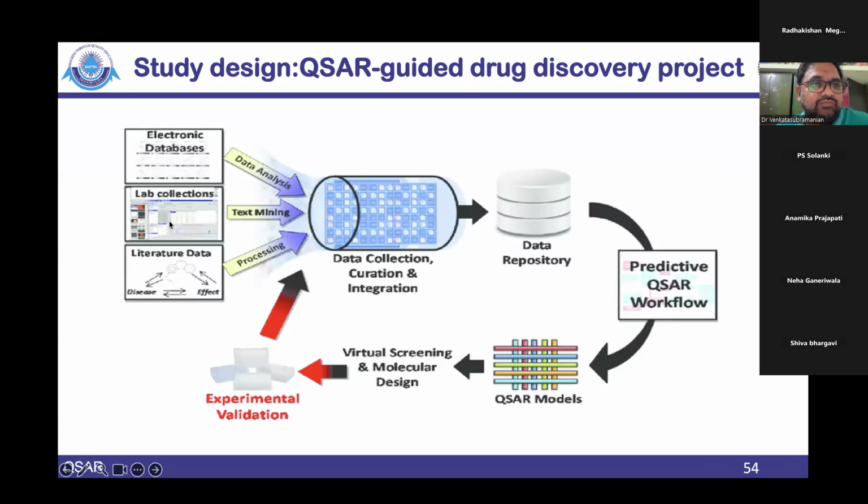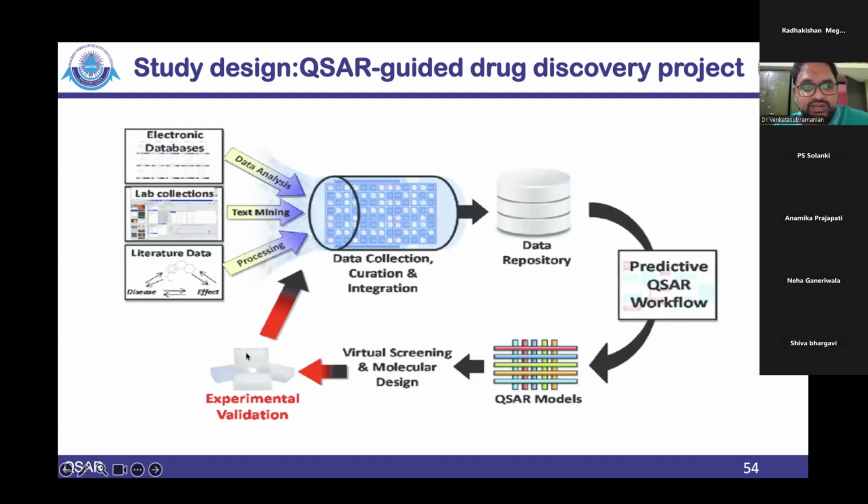That means you have in-house data and literature data. We use all of them for data collection, curation, and integration, and then we create a data repository. Then we use a predictive QSAR workflow, where we develop a QSAR model, and then use the model to screen.